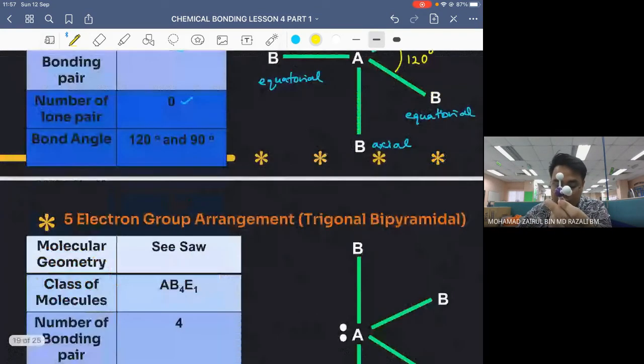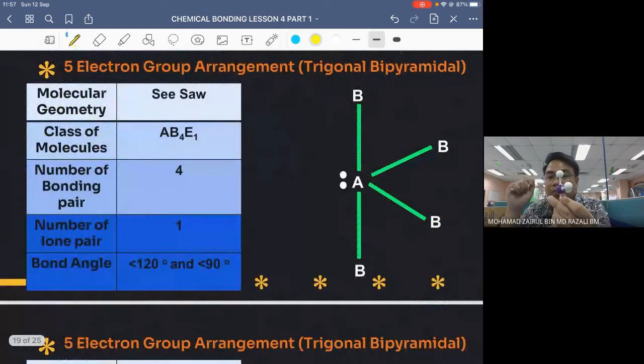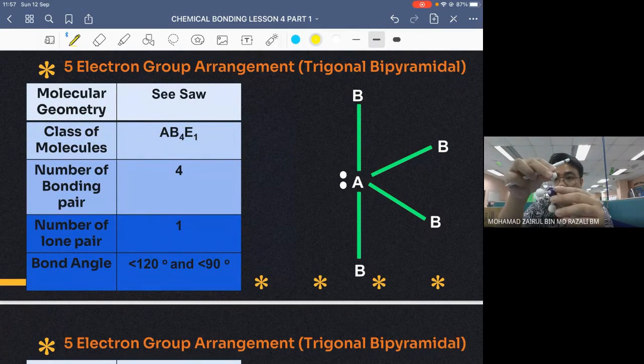one bonding pair, okay, dia akan produce satu molecular shape yang kita panggil sebagai seesaw ataupun distorted tetrahedral. Ini kita panggil seesaw. Okay, sebab dah ada lone pair dekat sini dan lone pair itu akan push bond angle tu, dia akan reduce bond angle.